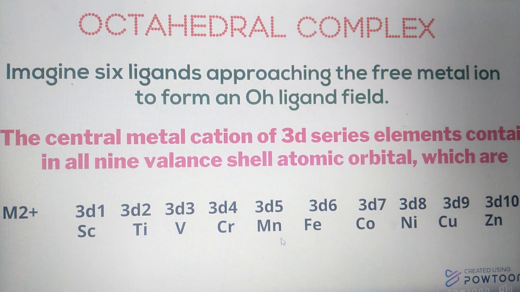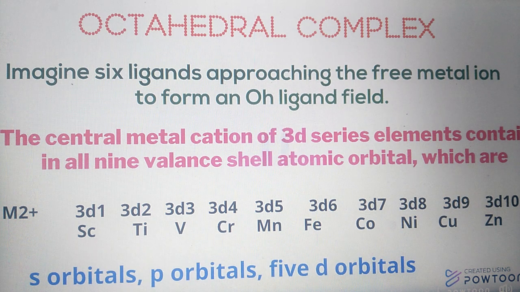All these transition metal atoms consist of 9 valence shell atomic orbitals: one s orbital, 3 p orbitals and 5 d orbitals.